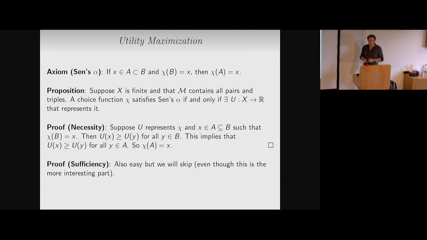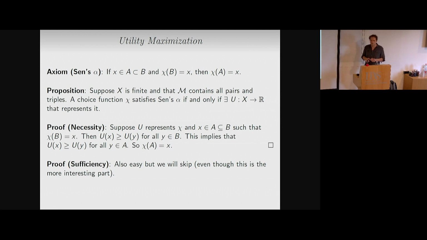And the proposition that you all learned in your first year course, hopefully, says that for a finite set of alternatives, and if the collection of menus contains all pairs and triples, this alpha axiom is equivalent to utility maximization. So if the choice function satisfies the alpha axiom, then there must exist a utility function that represents it, and vice versa.